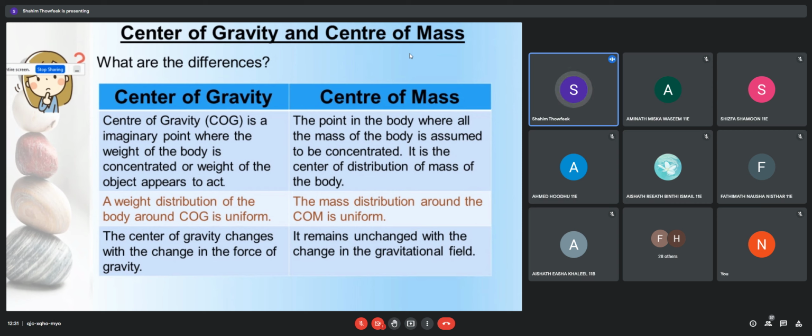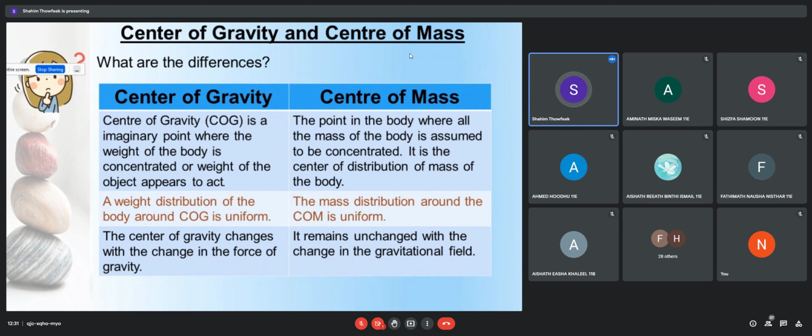Okay, the third one. Center of gravity changes with the change in force of gravity. If the gravitational field strength is changing, the location of center of gravity will change according to the gravitational force. But center of mass remains unchanged with the change in gravitational field. It's like the center of mass is fixed.